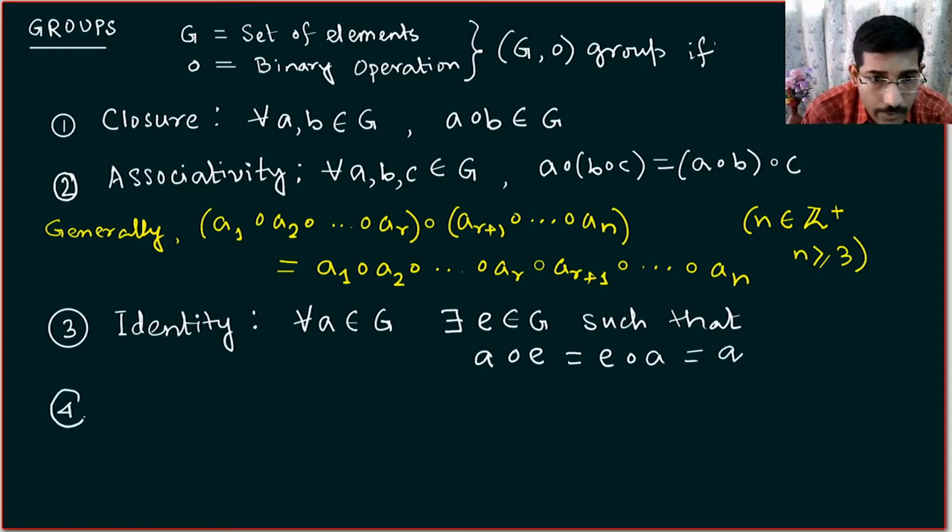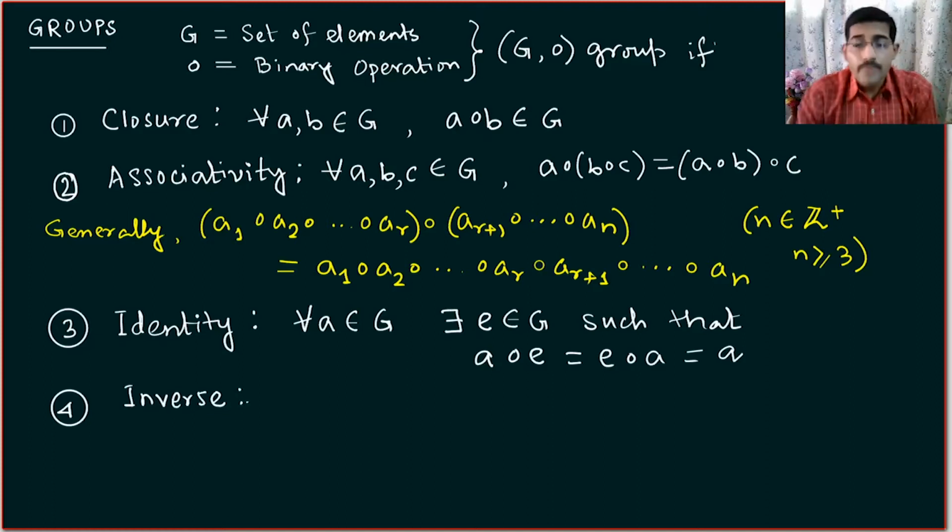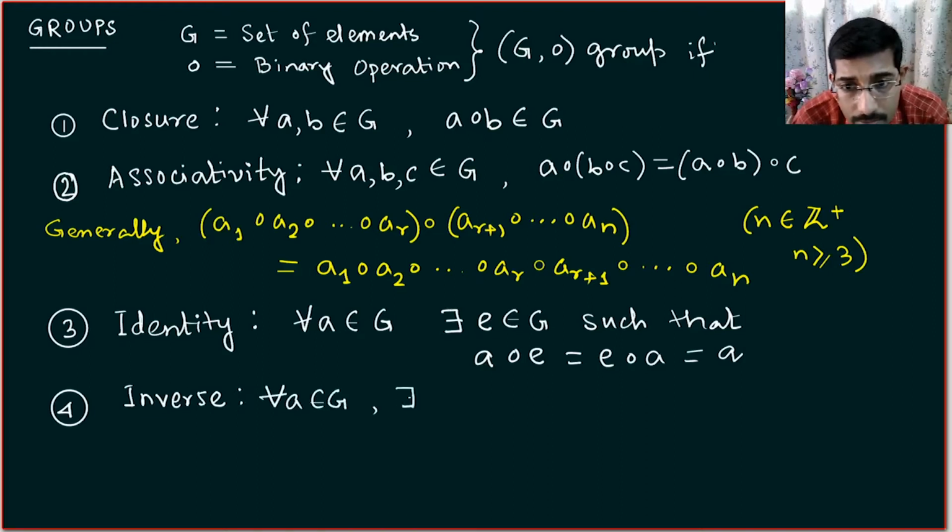The fourth property that we need is the existence of what we call an inverse element. The inverse element says that for all A belonging to G, there must exist an element X belonging to G. This element may not be unique, which we will try to prove later.